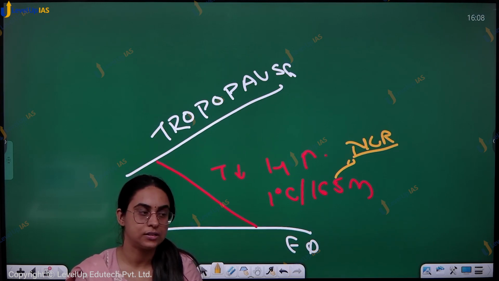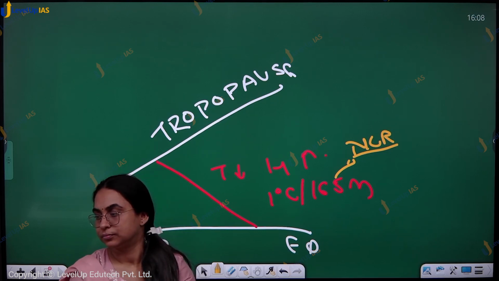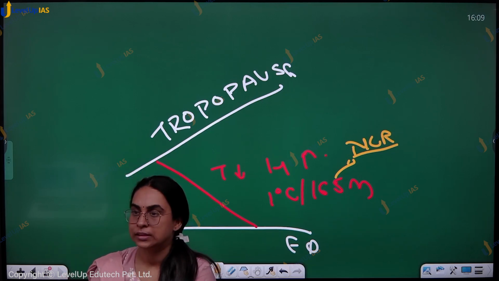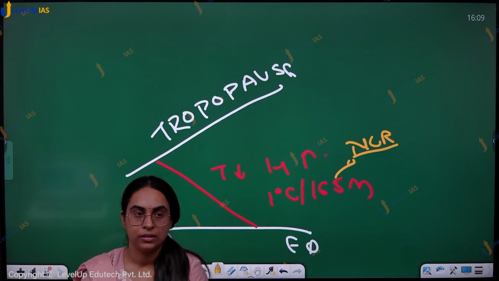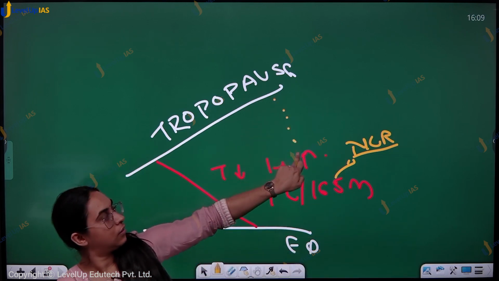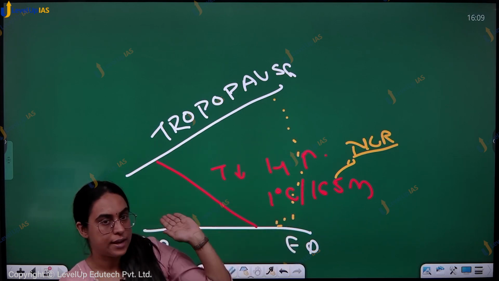The average height is 13 kilometers. Write this point: thickness is greater at the equator. It goes up to 18 kilometers there, while here it is only 8 kilometers.